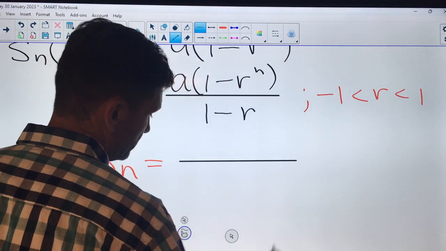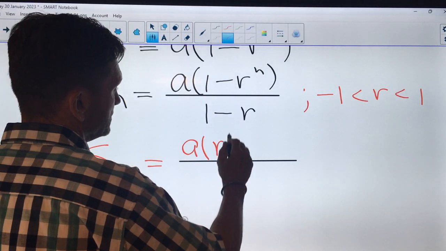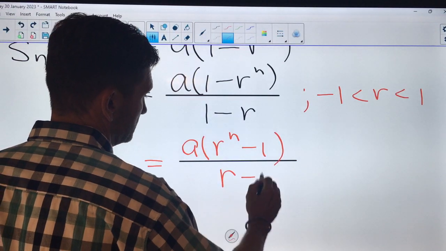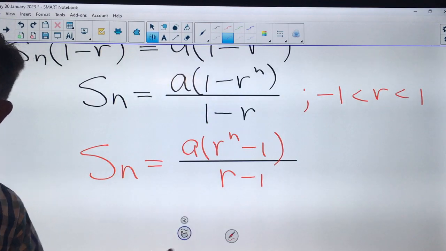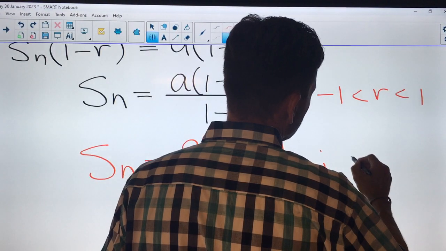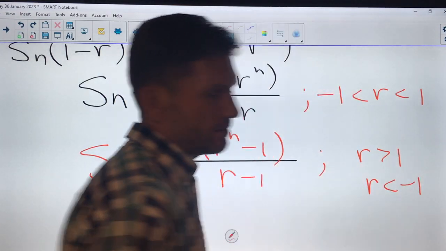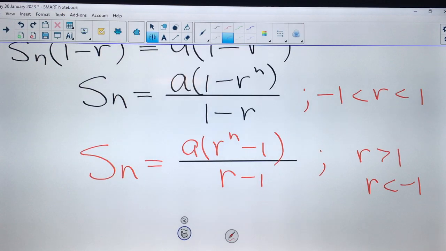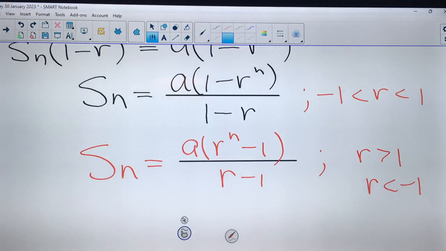It will not really make a difference which one you use in 99% of the cases. Normally, this one is where R is bigger than 1 or R is smaller than minus 1. But don't worry too much about that. You can use either of the two. Use the one on your formula sheet unless there's something else.